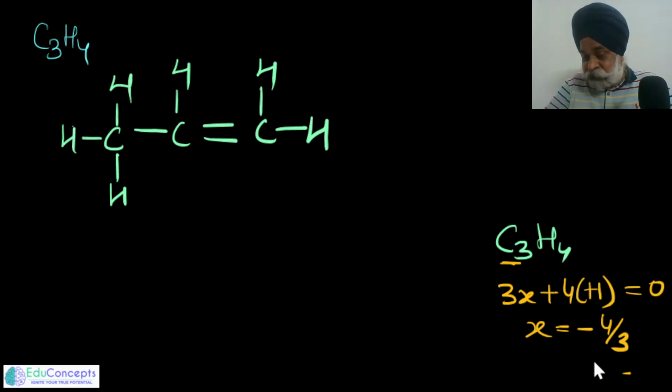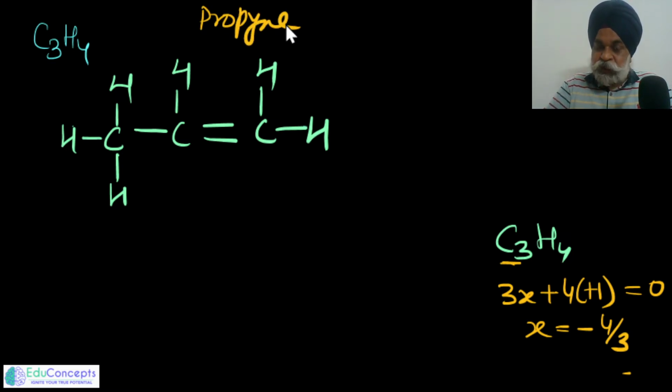This may have different isomeric forms. Let me take one isomer, propyne, and look at the oxidation state. From here, this is +1, this is -1, -1, +1, and from here also -1, +1, and from this particular bond 0, 0.